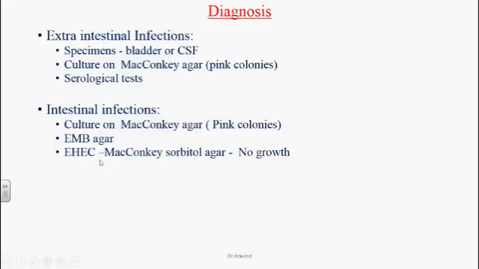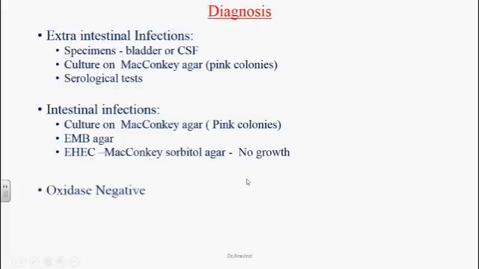So on sorbitol MacConkey's agar, the majority of E. coli can grow, whereas enterohemorrhagic E. coli can't ferment sorbitol. So enterohemorrhagic E. coli can be diagnosed by culturing on sorbitol MacConkey's agar, where there won't be any growth.